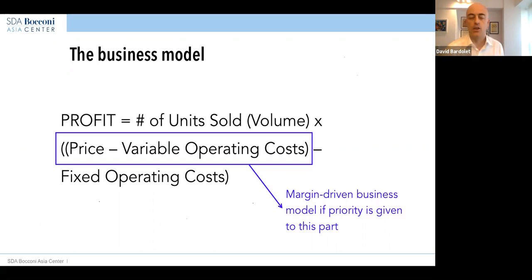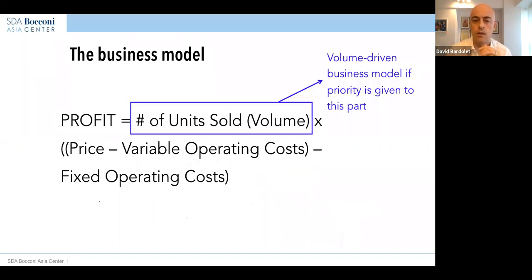So this very simple choice of whether you want to be a volume-driven business or a margin-driven business determines a lot of the things that the company will have to do. A lot. Say you are a volume-driven business. So now the entire company is focused on selling volume, selling units. What do you have to do with your price?